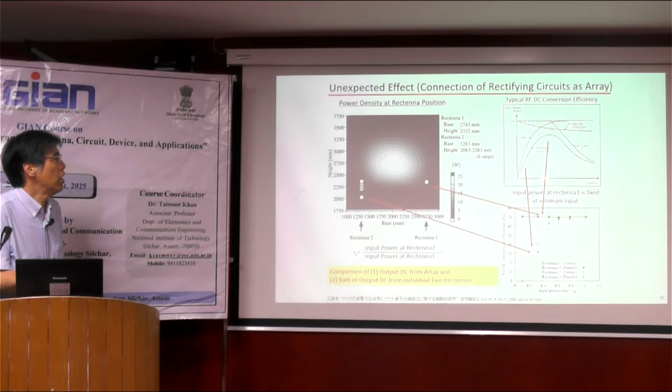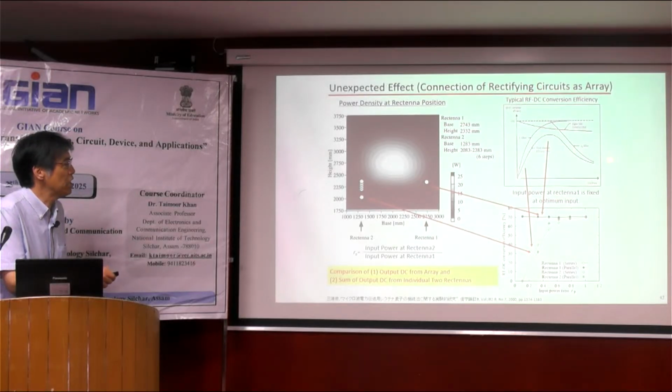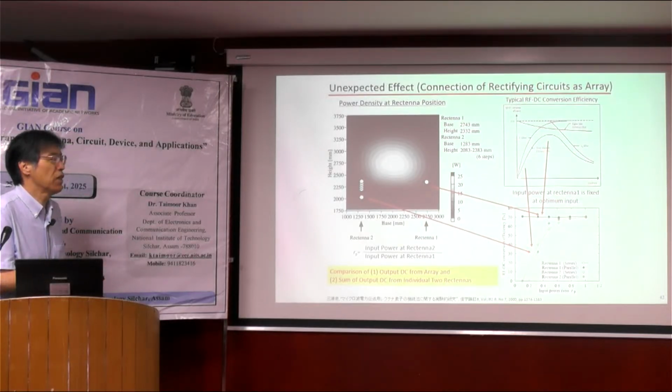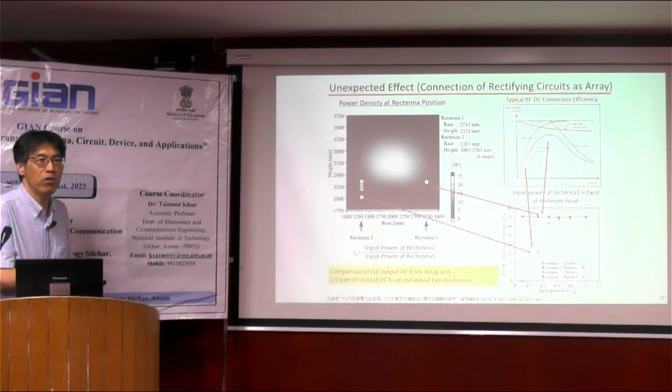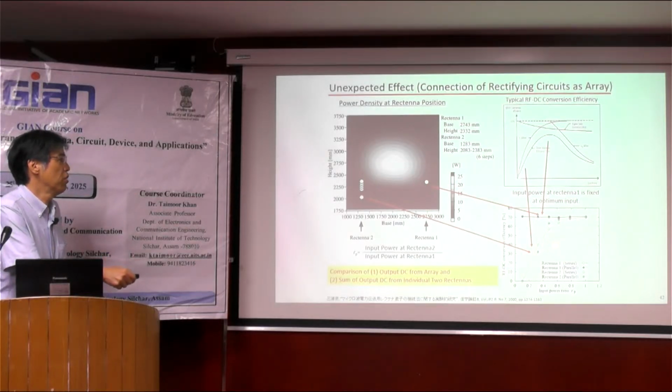Maybe as you know, a rectifier has a peak conversion efficiency at the optimum input power. And when input power becomes larger or smaller with the same circuit, efficiency degrades. And when we put the same rectifier in each area, at the center we can keep a high conversion efficiency, but at the edge, when we put the same rectifier, efficiency degrades.